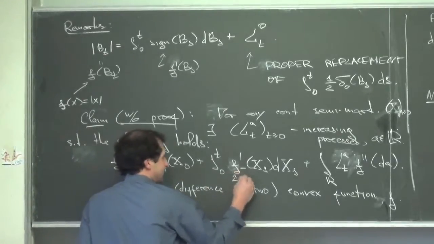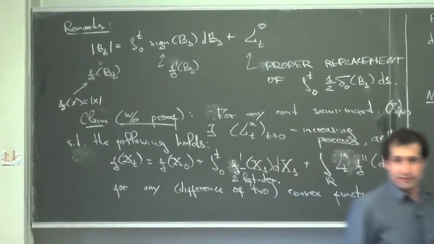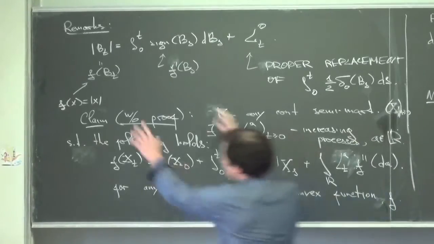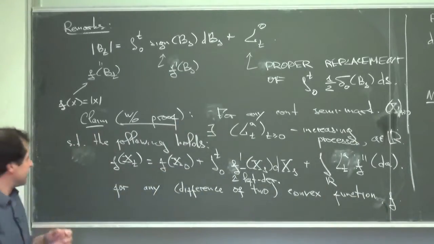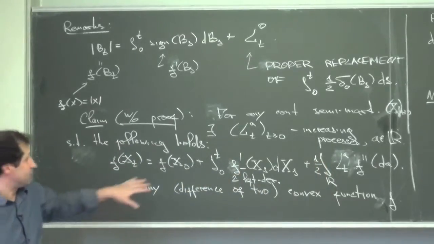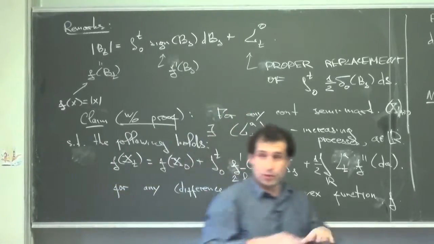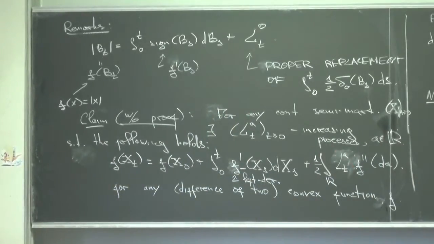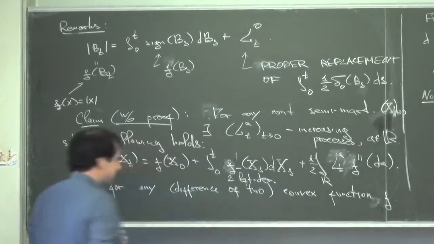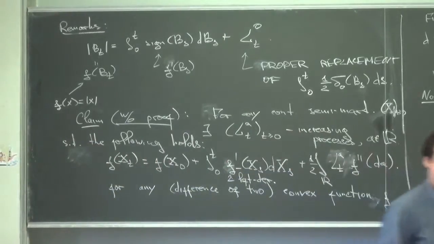So this is the left derivative. And then the second derivative is a measure on R. So the claim is that for any continuous semi-martingale, and there is 1/2, of course, lost, you can do basically the same as we did for the Brownian motion at level 0. So there are increasing processes which are called local times, and you can write a generalization of the Itô formula in this setup.